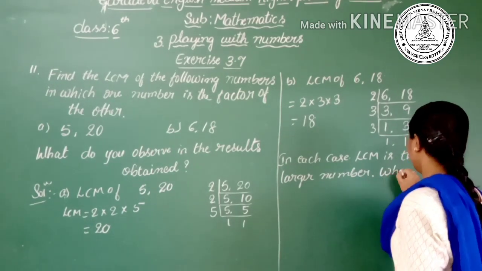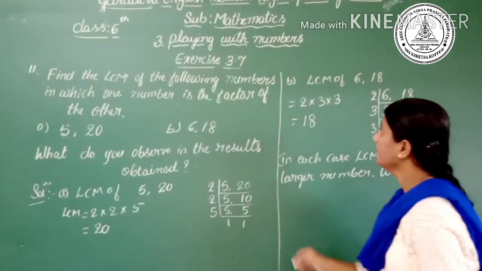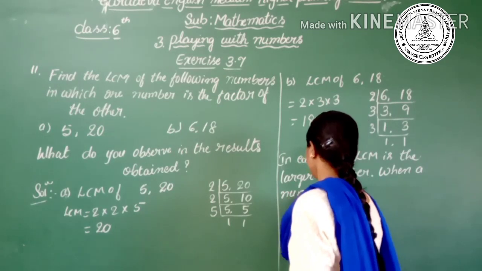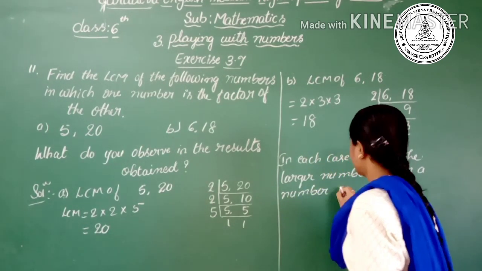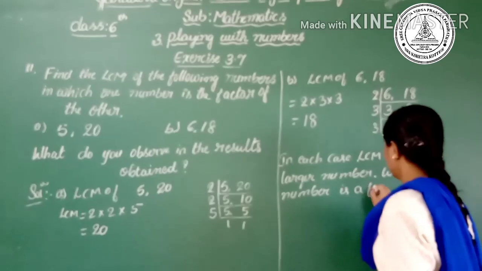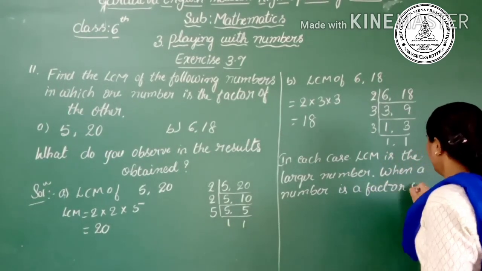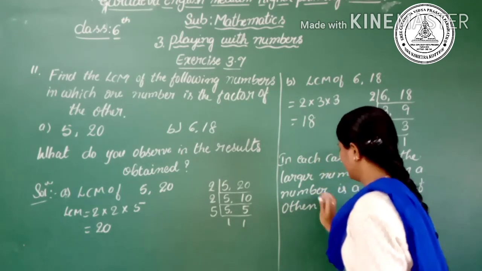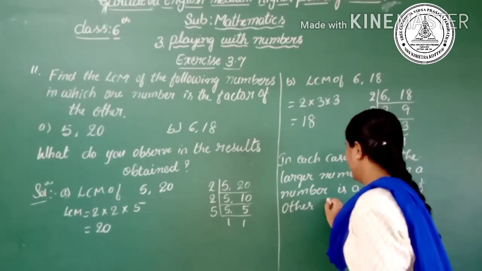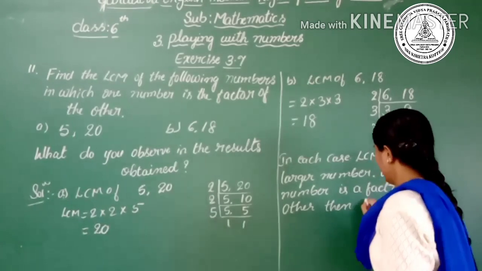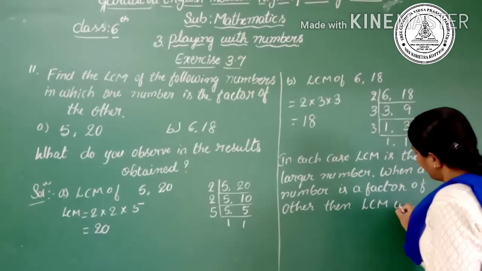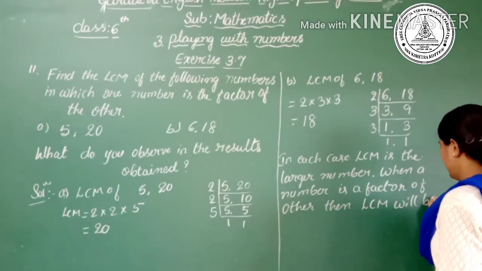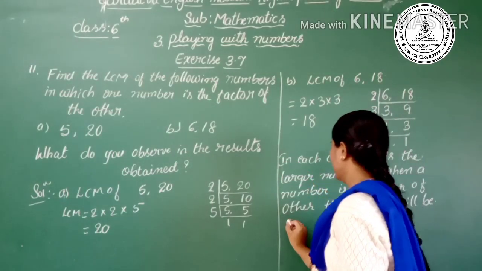when a number is a factor of other, then LCM will be the larger number.